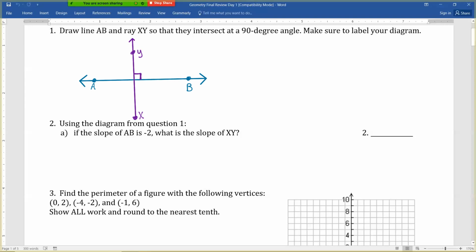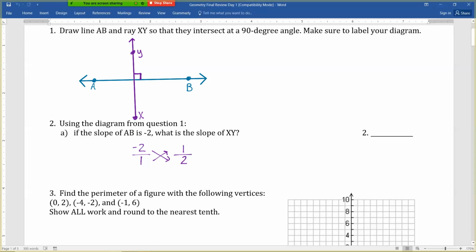Question number 2 says, using the diagram from question number 1, if the slope of AB is -2, what is the slope of XY? So for this, we have a slope of -2/1, and we're talking about perpendicular lines. When we talk about perpendicular lines, we flip the fraction and change the sign.